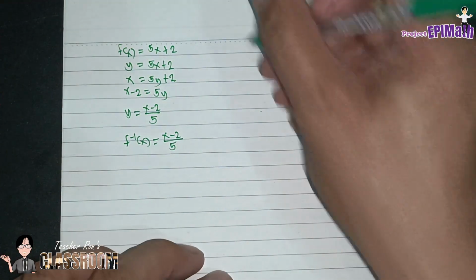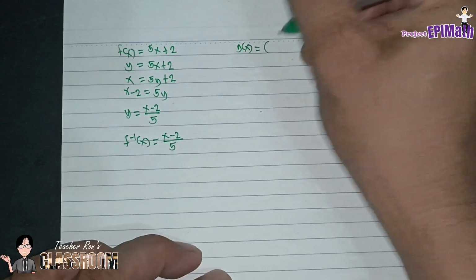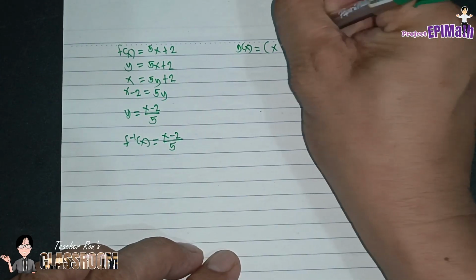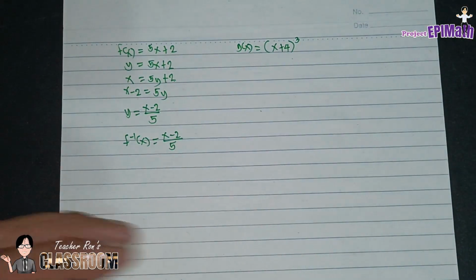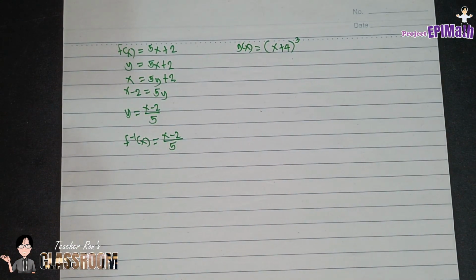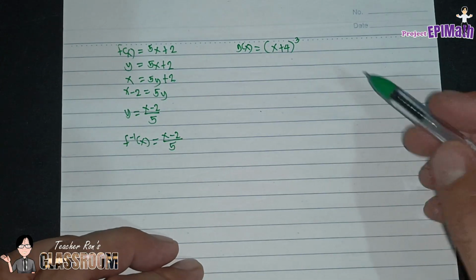Let us say we have g of x equals the quantity x plus 4 cubed. So this is a cubic function. A cubic function is a 1-to-1. Okay, so let us solve for the inverse.